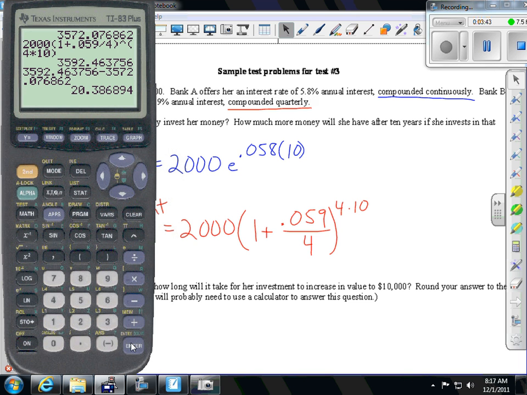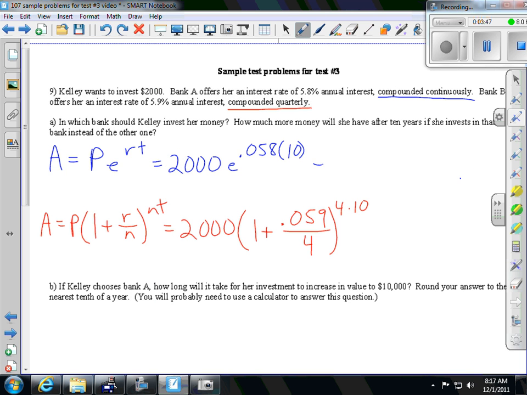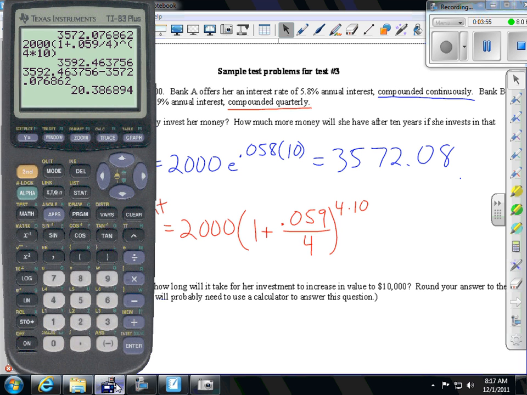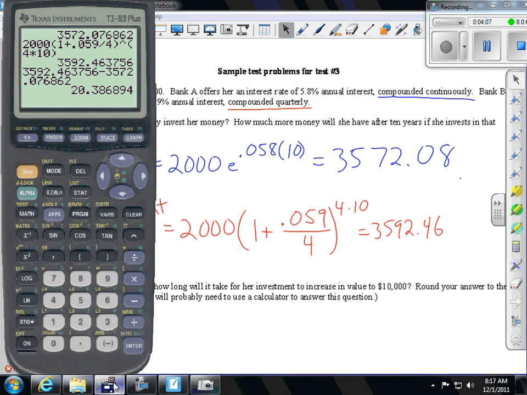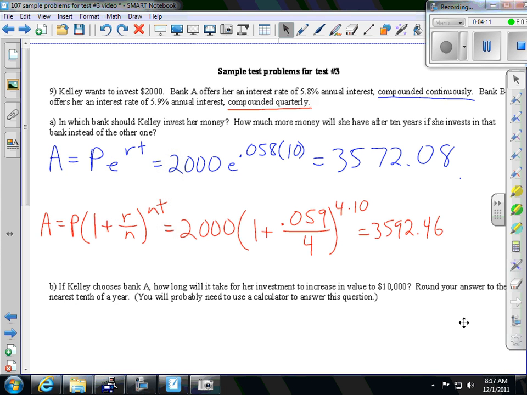So let's just get these numbers on the paper. Let's see, did I copy that right? 3572.08 and then 3592.46. And then the difference of these is how much extra we gained, which is $20 and about 39 cents.